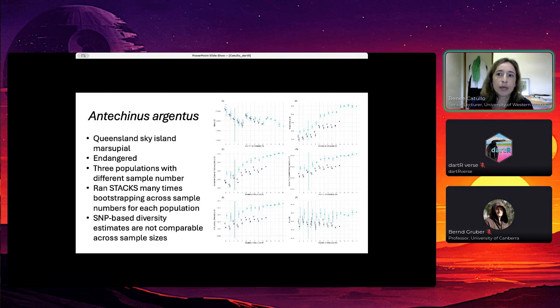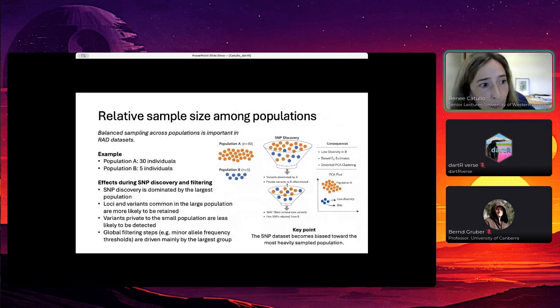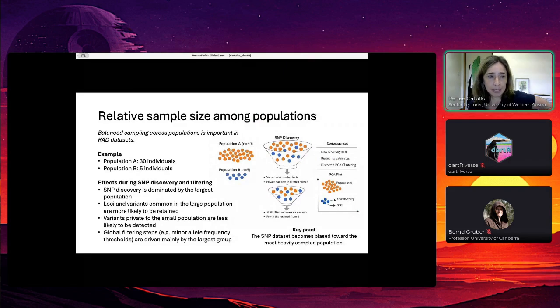Those are not comparable numbers, because you are comparing different parts of this accumulation curve of diversity, and that's not okay. So balanced sampling is really important across populations.